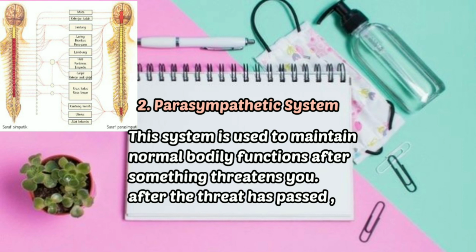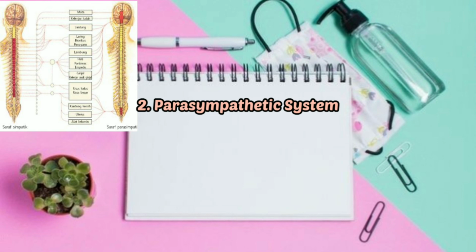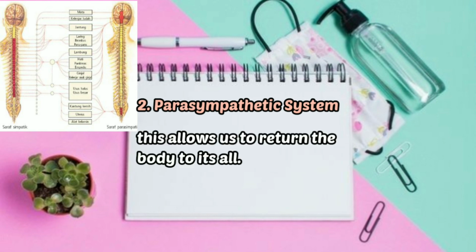This system is used to maintain normal bodily function after something threatens you. After the threat has passed, this system will slow down the heart rate, slow down breathing, reduce blood flow to the muscles, and contract the pupils. This allows us to return the body to its normal state.